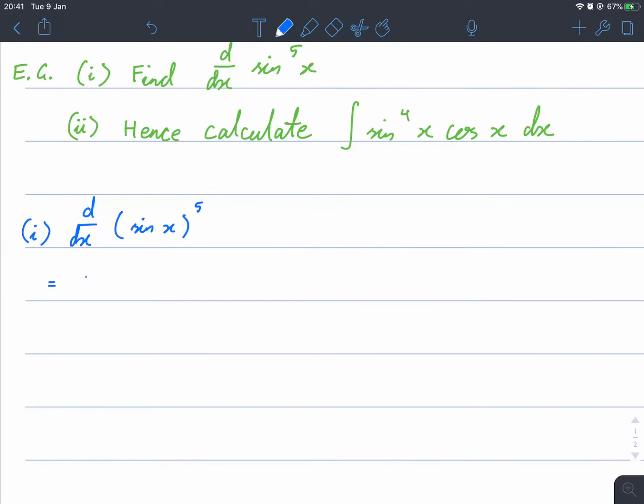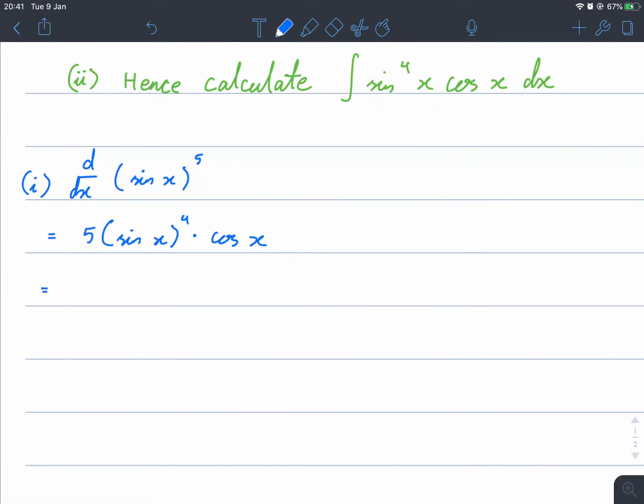And this becomes 5 sine x to the power of 4 times the derivative of the inside of the bracket, which is cosine of x. Simplifying this, we get 5 sine to the fourth x cosine of x.